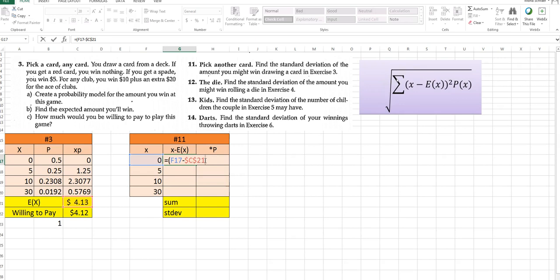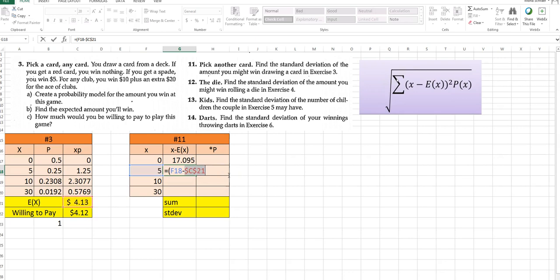Then I'm going to end my parentheses, and it says I have to square it. So I do Shift 6, I put that caret there, tells it to square it, and now I should have an answer. I can do that again if I need to. Again, I put parentheses, I highlight this, subtract my x, which I know I'm going to keep using, and I want to autofill eventually, so I'm going to hit F4 here.